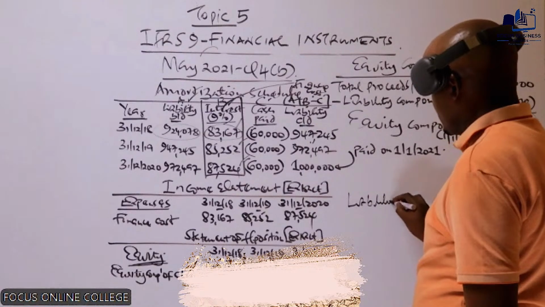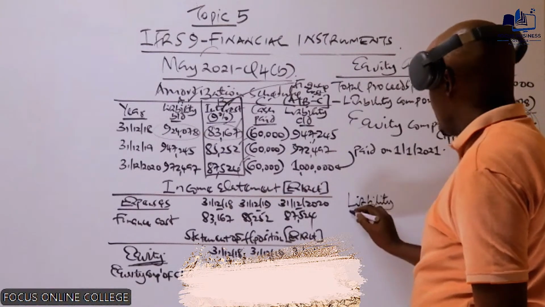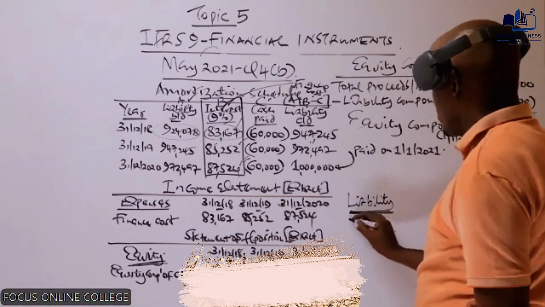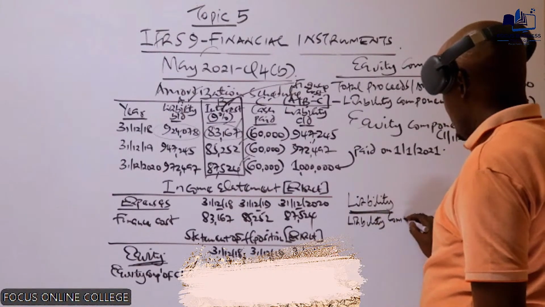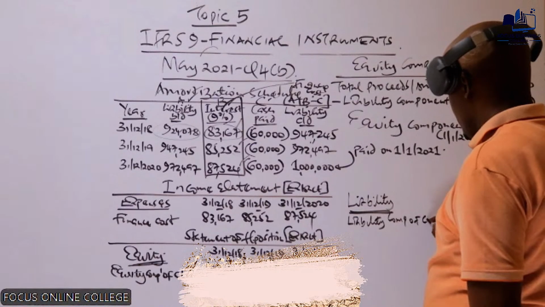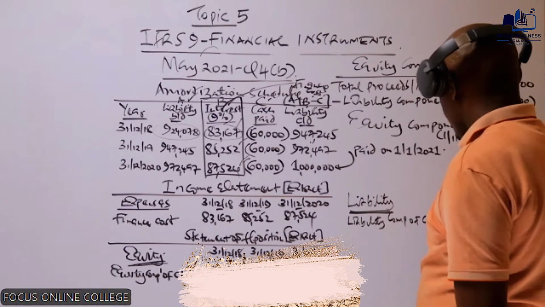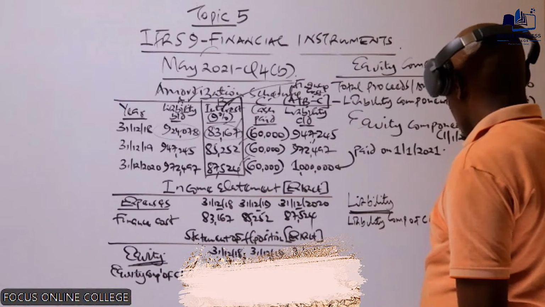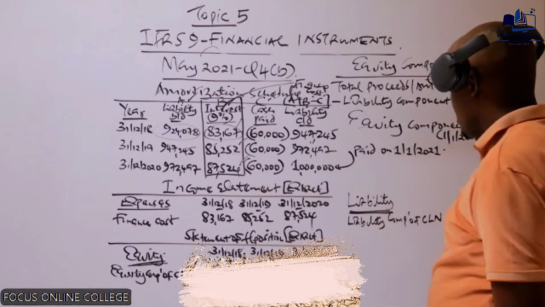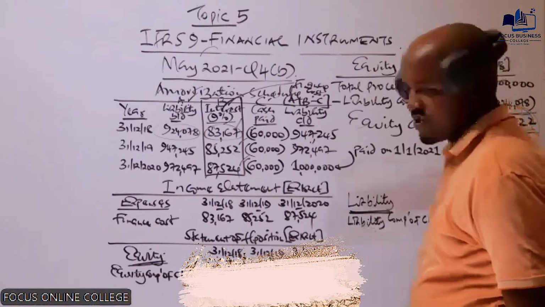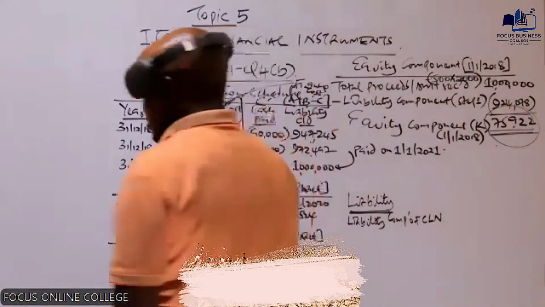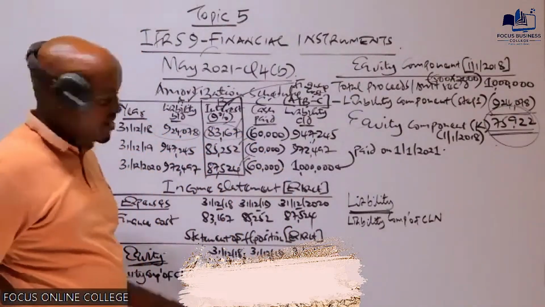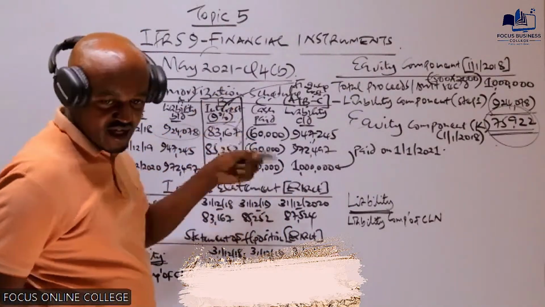Then under other liabilities, the company will recognize something called the liability component of the convertible loan notes. And where do we get these values to be recognized as the liabilities? We get those values here from the amortization schedule.